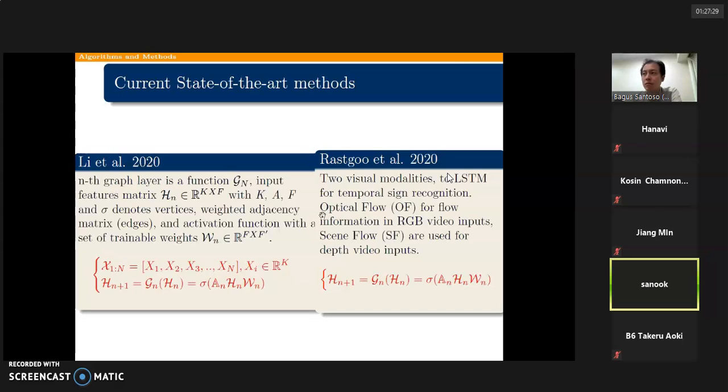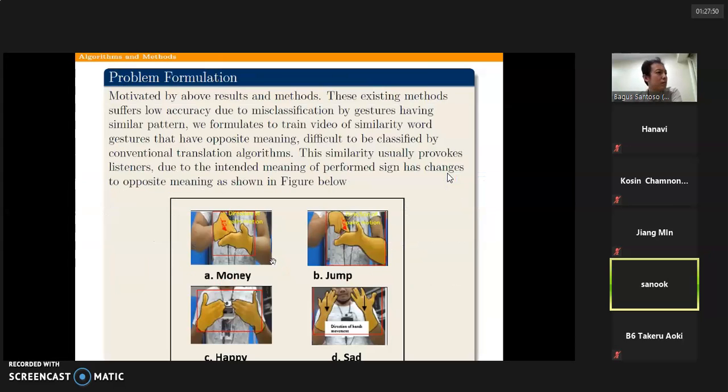But according to our observation, this method lacks some dimensionality, and the information taken by this method cannot give the full representation of the gesture, because most of the gestures, especially American Sign Language gestures, are performed using hands, not body motion.